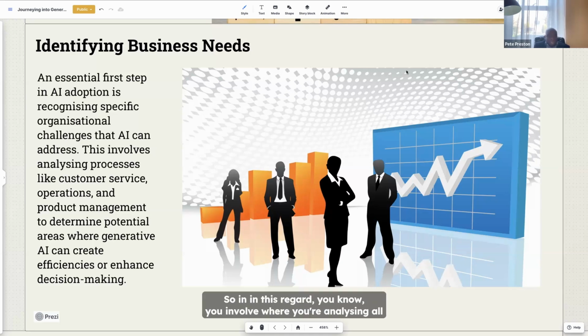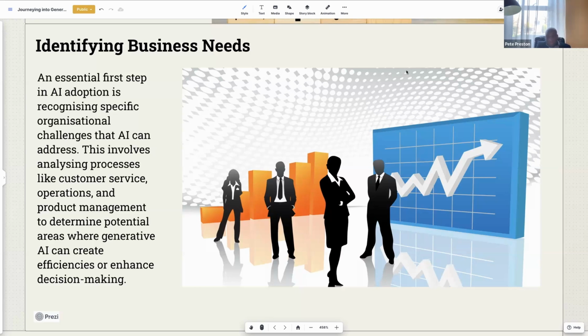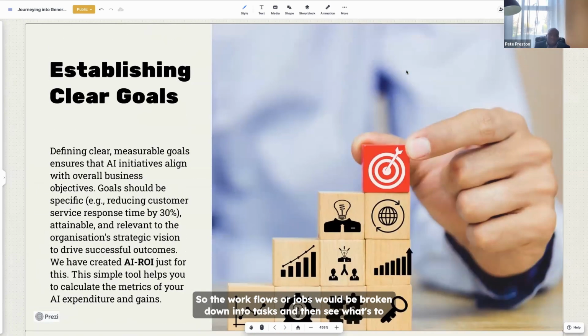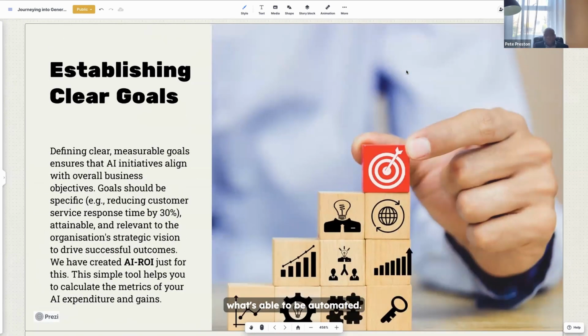So in this regard, you're analyzing all the processes, customer service, all the touch points and interactions. From end to end is what you really want to look at, and break the workflows or jobs down into tasks, and then see what is able to be automated.